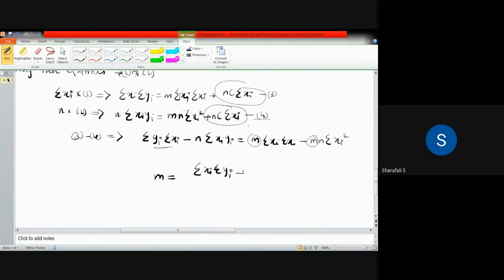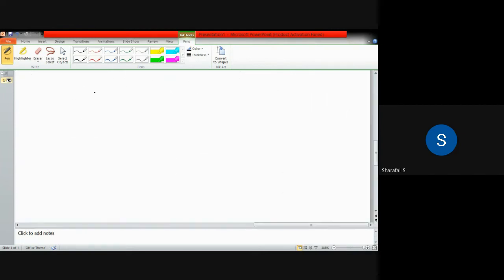So then minus n times sigma xi yi divided by sigma xi into sigma xi minus n into sigma xi square. This is your m value.